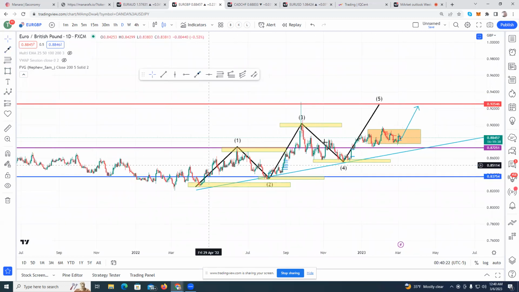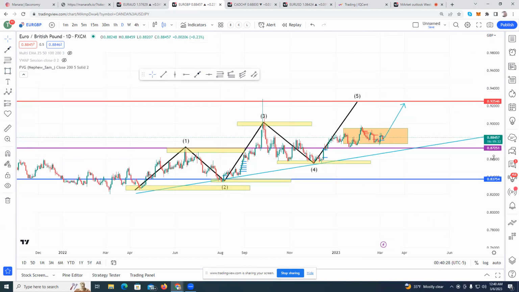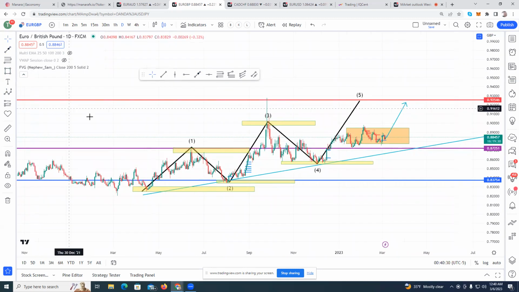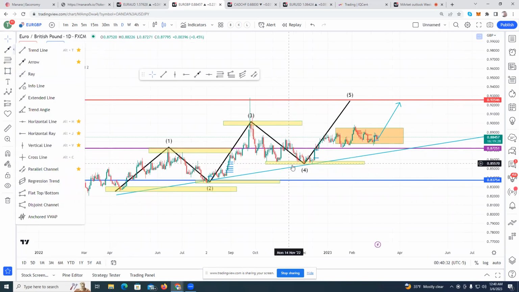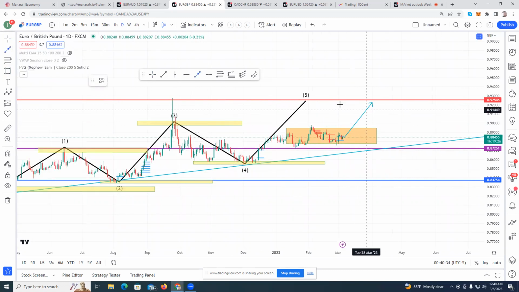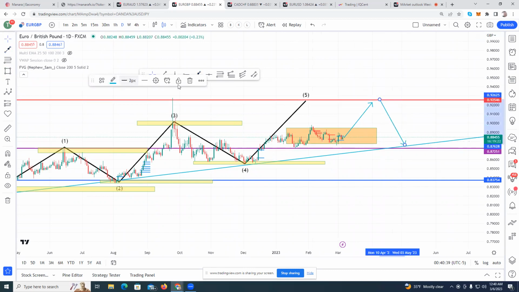I'm looking for completion of this move wave 5 on Euro GBP on the daily time frame before having an ABC correction of some sort, right? So after it pushes back up here, I do expect a BC correction.